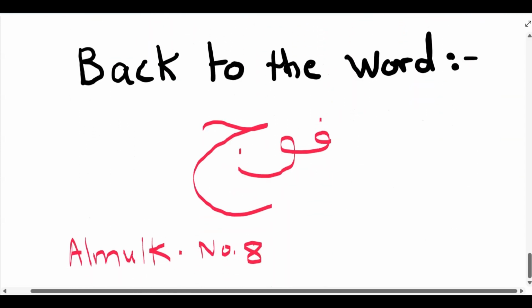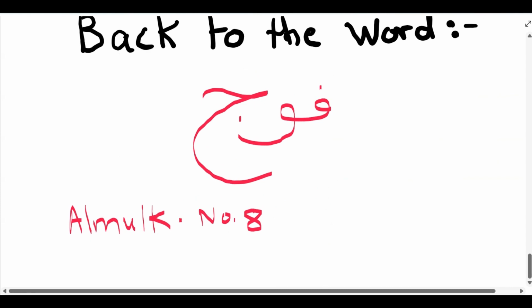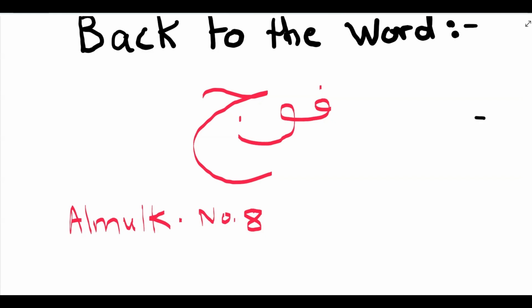Back to the word we were talking about in the Quran, in Surah Al-Mulk ayah number 8, it's fawjun. Now I'm going to make it a bit different just to take you step by step how to pronounce it. As you can see, the letter fa is one of the letters that connects with the letter after it, and it also connects with the letter before it.